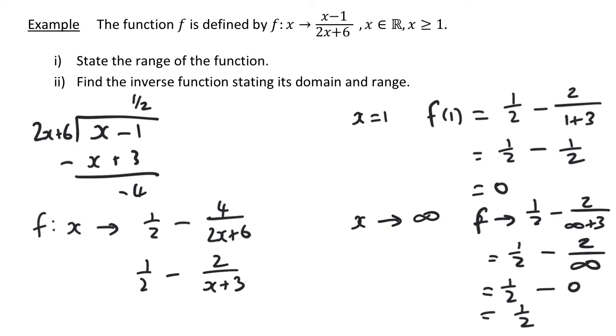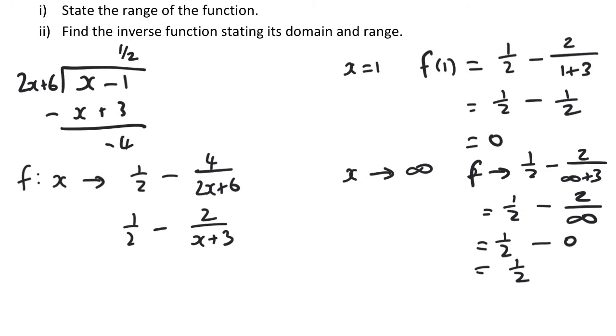So what we know is at the starting point, the value is 0, and as x increases, it's going to tend to, but never actually get to, a half. So that means my range is going to be 0 is less than or equal to f, which is less than a half. And that's going to be the range of f. And it will not equal a half because we'll never be able to get that far.